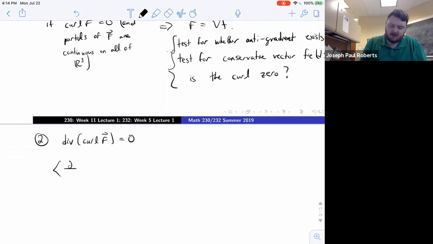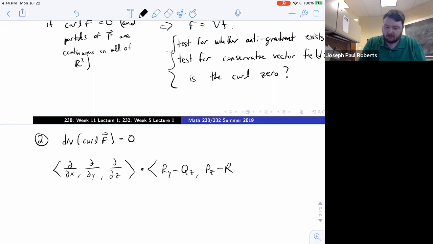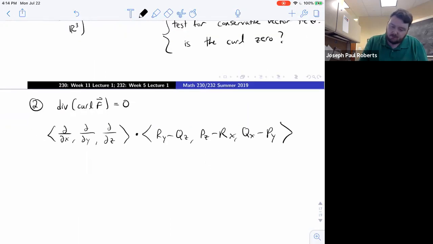And so again, it's just a matter of writing out what this is. So remember, curl was Ry minus Qz, Pz minus Rx, Qx minus Py. And so when you do this dot product, you'll get Ryx minus Qzx plus Pzy minus Rxy plus Qxz minus Pyz.